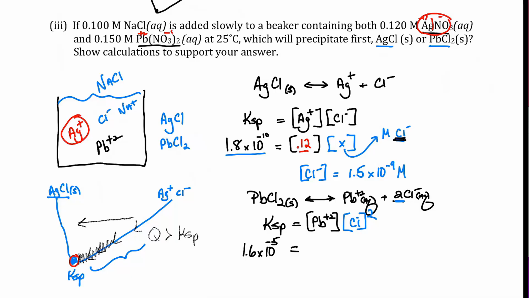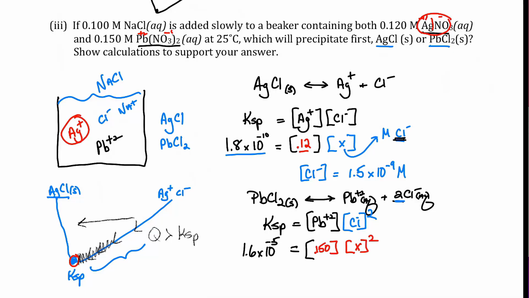All right, and the amount that they gave me in this problem was 0.150 molar lead nitrate. So this would be 0.15. And again, we're solving for the chloride ion. Okay, but don't forget the squared.